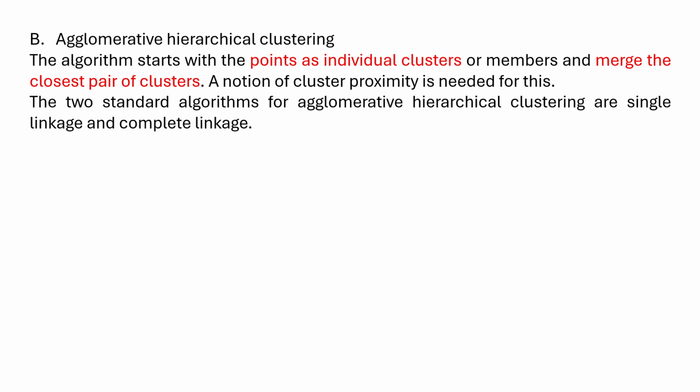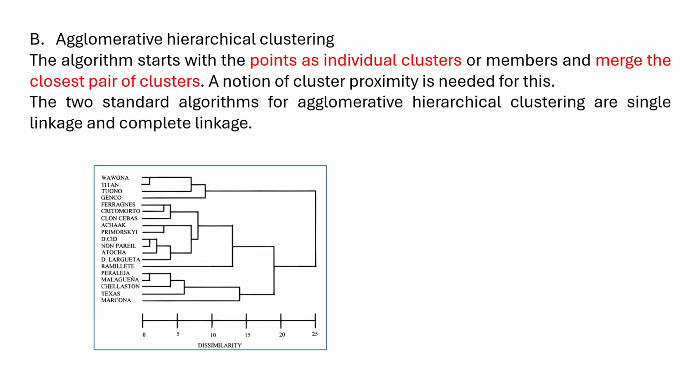The two standard algorithms for agglomerative hierarchical clustering are single linkage and complete linkage. The figure shows a dendrogram from a study in which cluster analysis classified the studied almond cultivars into three groups.